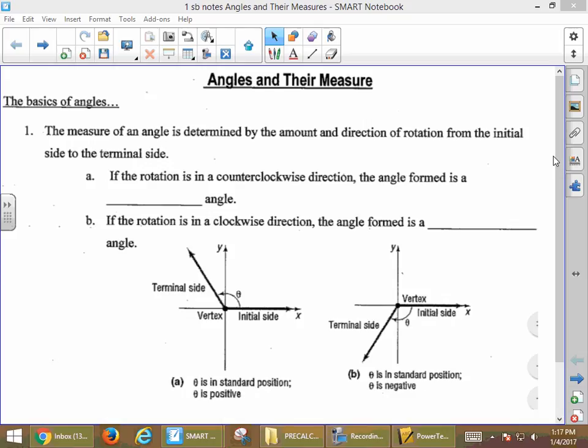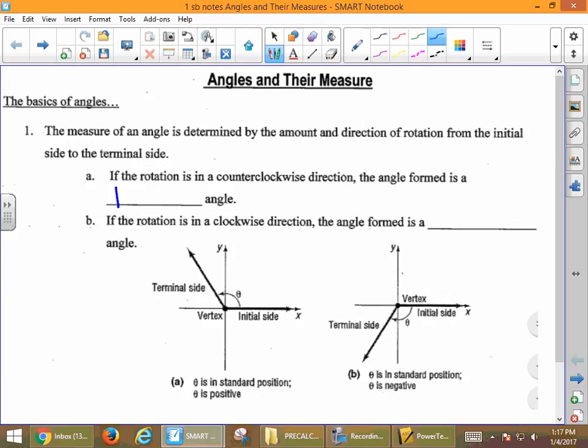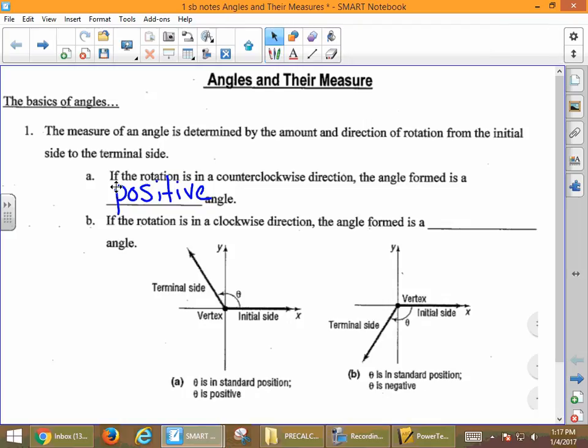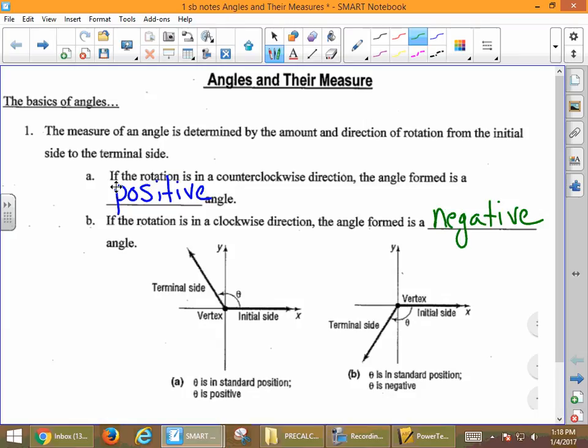The angle formed is a positive angle. And consequently, if we go in the clockwise direction, starting at 12, 1, 2, 3, 4, then the angle formed is a negative angle.